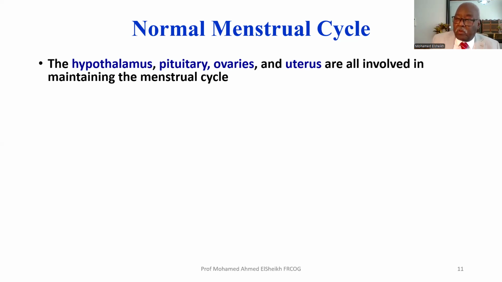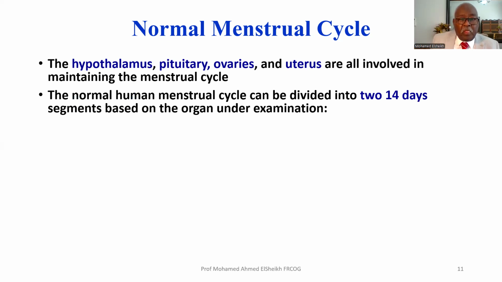Each one of them has a certain role to do, and eventually the ultimate result is menstruation. The normal menstrual cycle could be divided into two 14-day segments based on organ under examination.